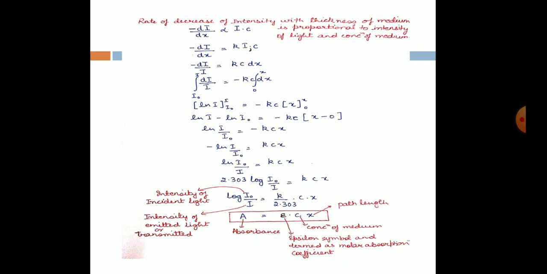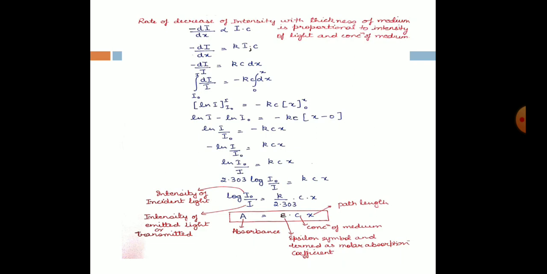Upon integrating and solving this entire expression, the final expression that we get is log I naught by I is equal to k by 2.303 into c into x.